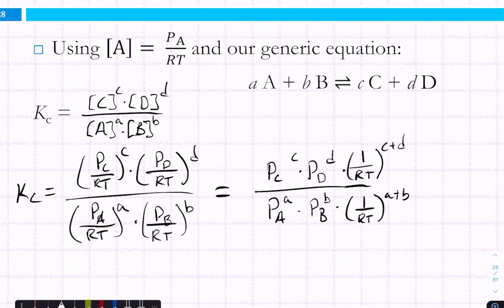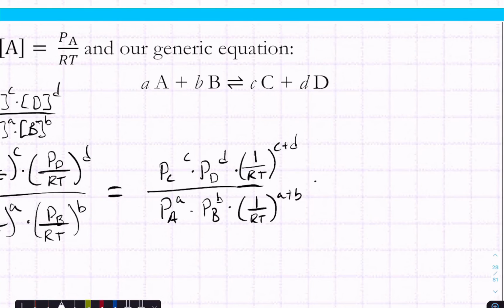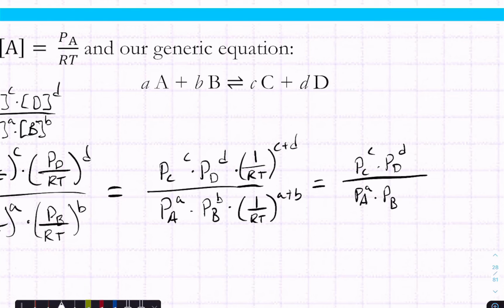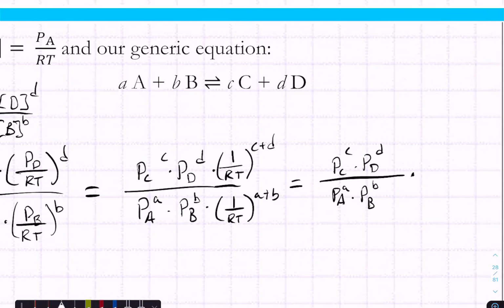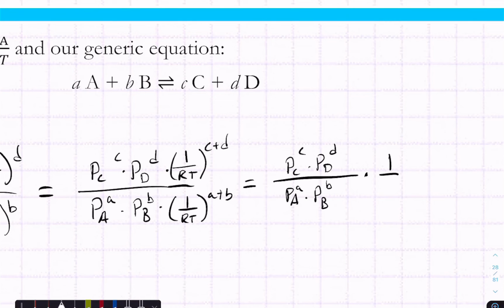We can make this a little bit better again, though, by saying the partial pressures of C and D over the partial pressures of A and B, times 1 over RT raised to the c plus d minus the a plus b in parentheses.